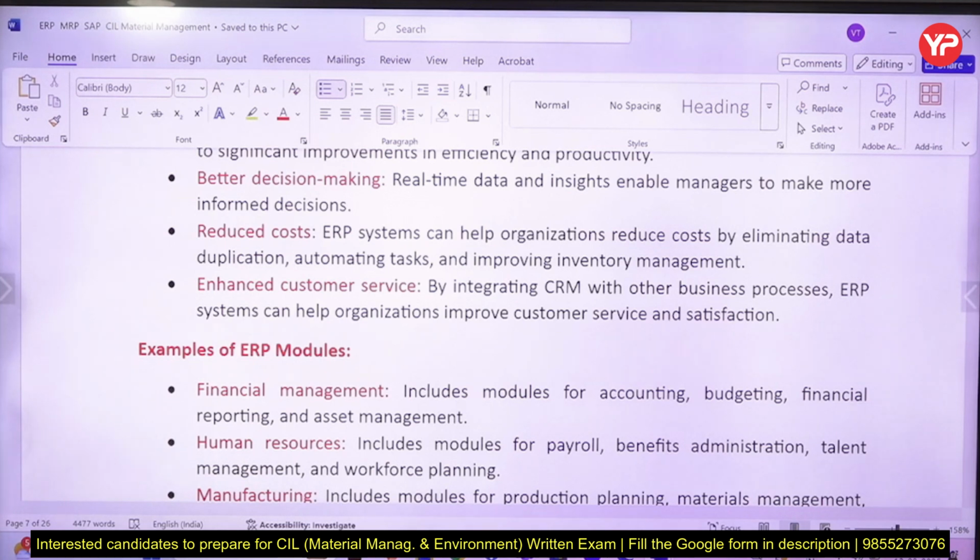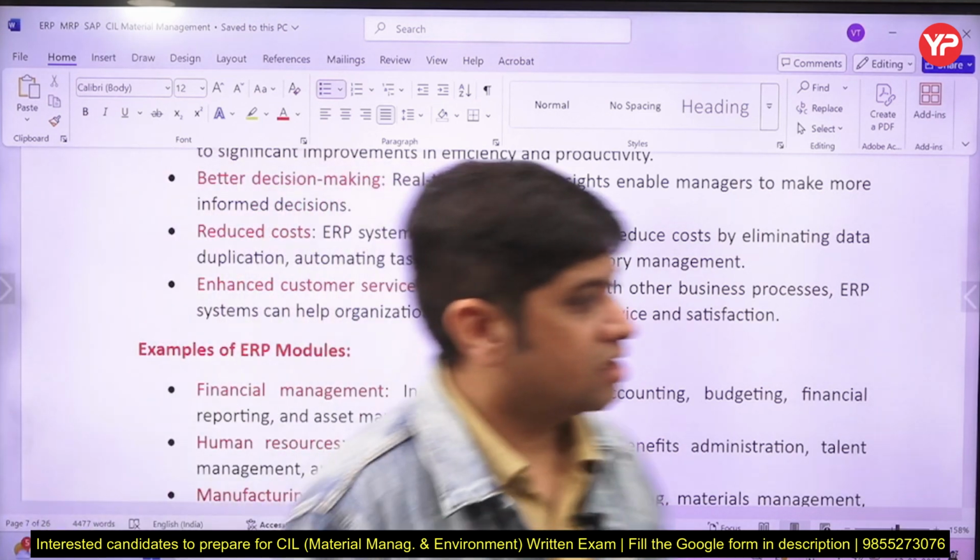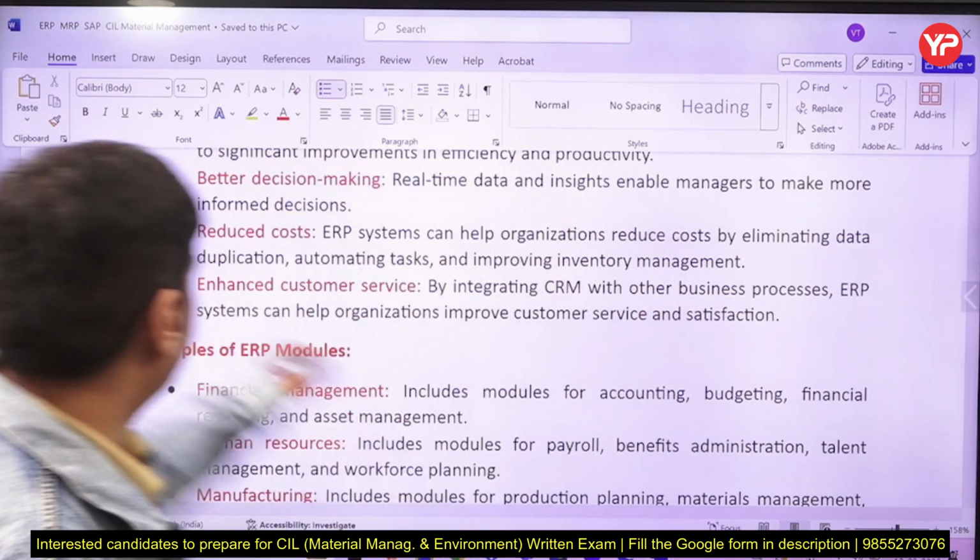The customer service will get enhanced. An ERP system can help an organization improve customer service and satisfaction. And it is all about customer service. If customer satisfaction and customer service get improved, then there is a benefit.